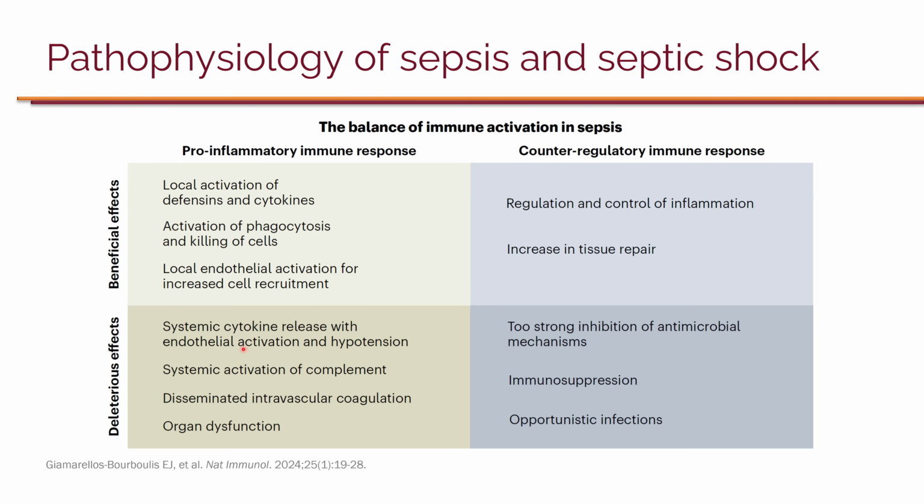So essentially, these make the vasculature leaky. So as fluids leak out, blood pressure can drop, which can be detrimental. Systemic activation of complement, dissemination of intravascular coagulation, and organ dysfunction.